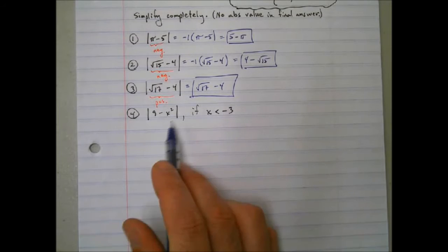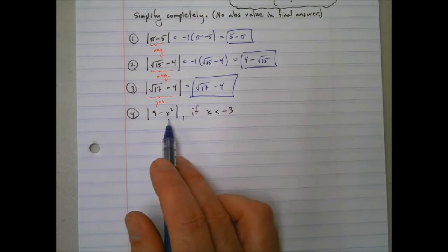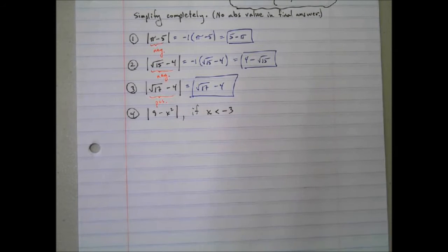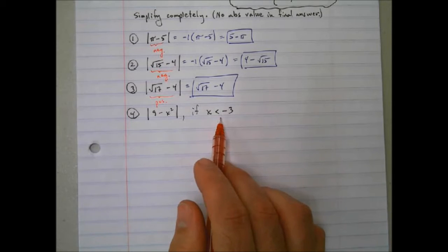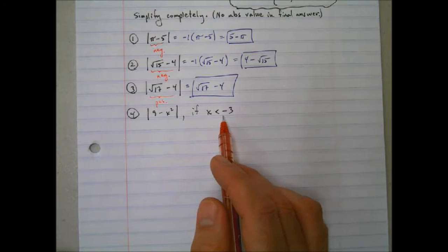What if x was -4? Well, what's -4 if you square it? -4 squared is 16, and 9 minus 16 is negative. We would have to follow the negative rule. What if it was like -3.1?